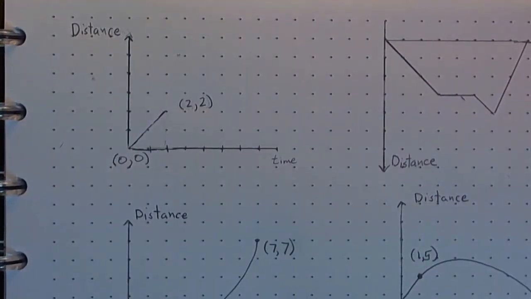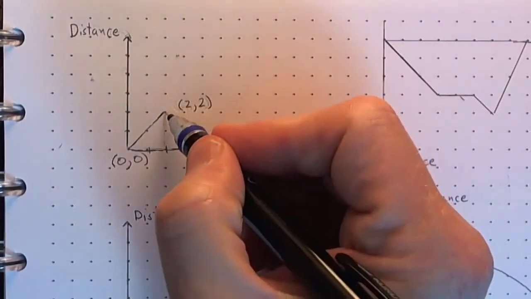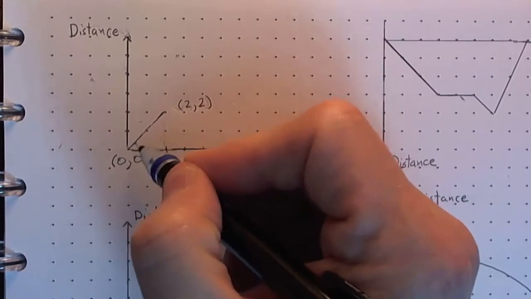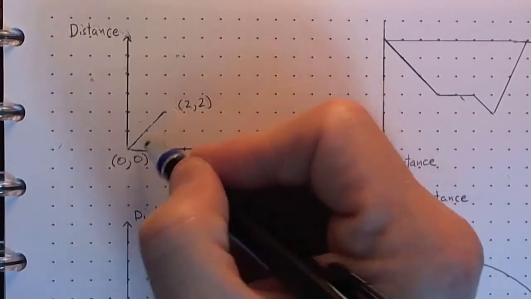And if someone were to ask you, what was your velocity? How fast were you walking? Well, you don't need any special insight into mathematics to know, in 2 hours I walked 2 miles, so I was walking a mile an hour. But you can answer that same question by being a little more methodical. Calculate the slope.